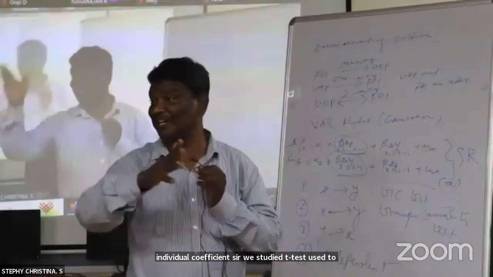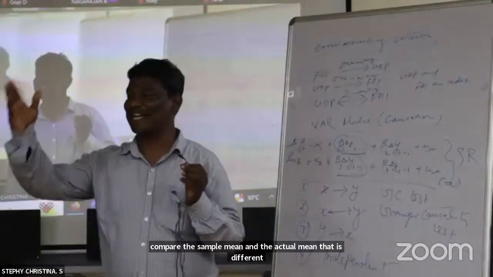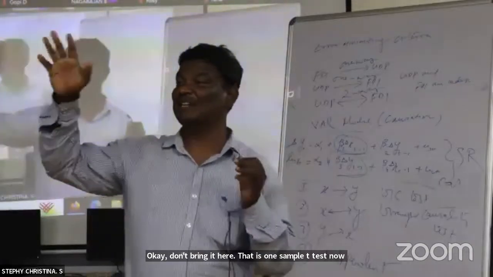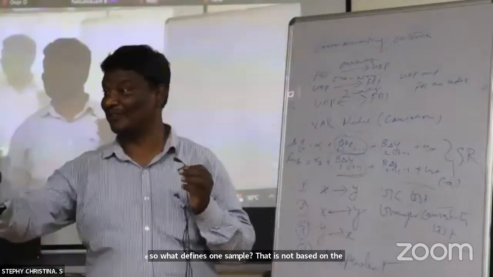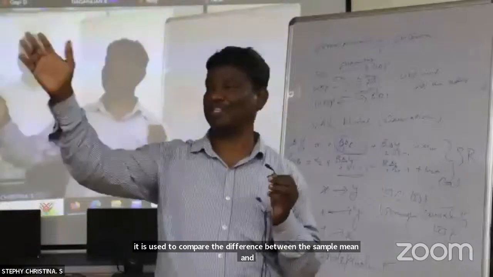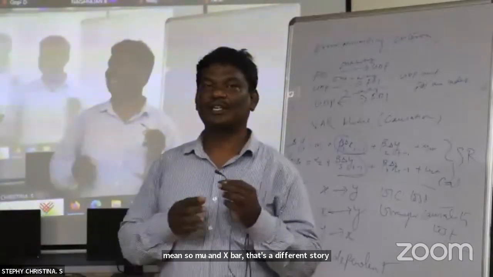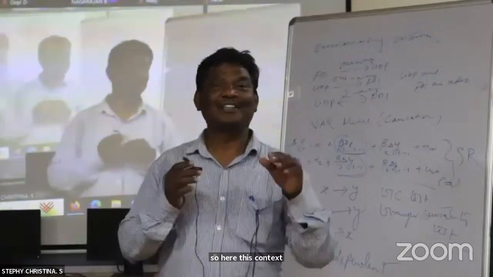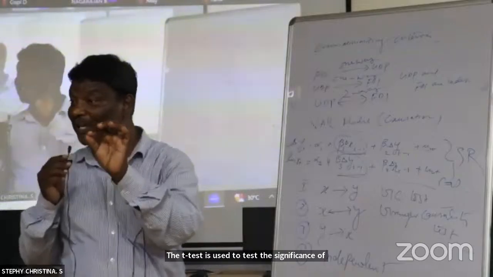That is different, don't bring it here. That is the one-sample t-test, a different scenario, comparing the sample mean and the population mean, mu and X bar. In this context, the t-test is used to test the significance of an individual coefficient.